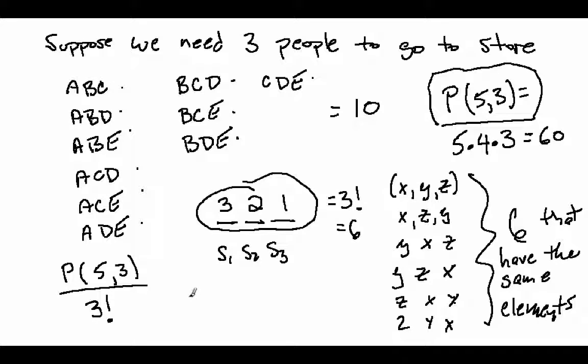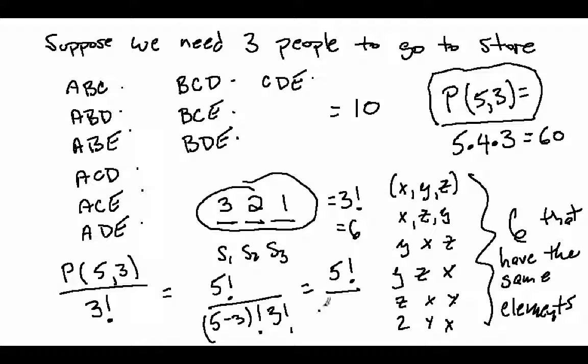So note that this is equal to 5 factorial over 5 minus 3 factorial times 3 factorial, which is equal to 5 factorial over 2 factorial times 3 factorial. This is a very big result, and this is called the combination.